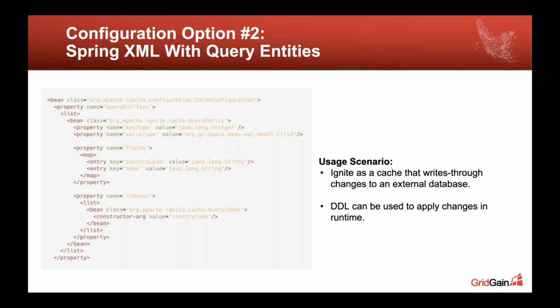There is some automation in place. That's why, if Ignite is used as a cache, you would usually use GridGain Web Console to generate the configuration like the one you see to the left on the slide, and then you would just be running your Ignite cluster, and that cluster will be writing through all the changes to your underlying database.